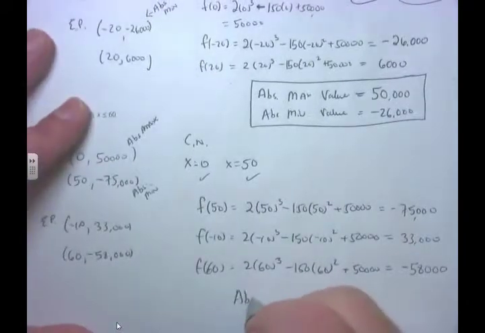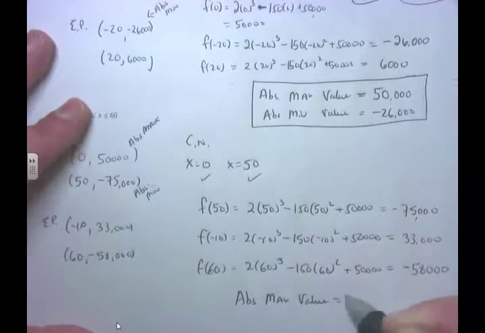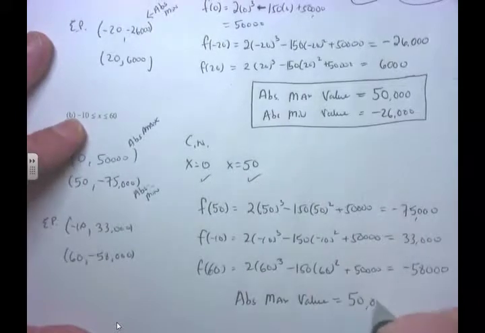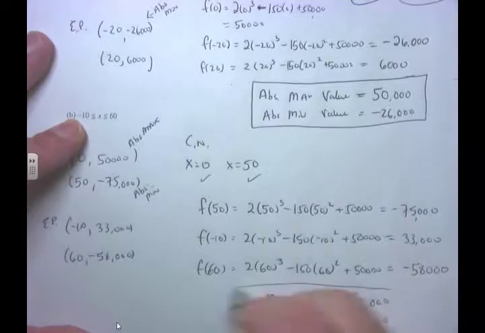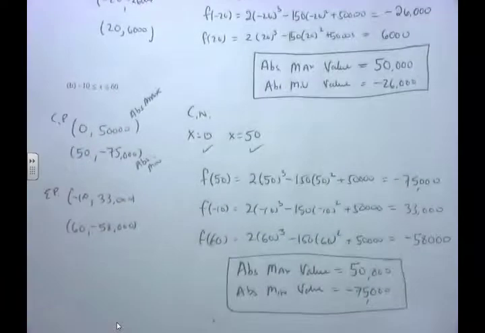So again, to answer your questions, the absolute max value was 50,000, but the absolute min value was negative 75,000. Does that make sense?